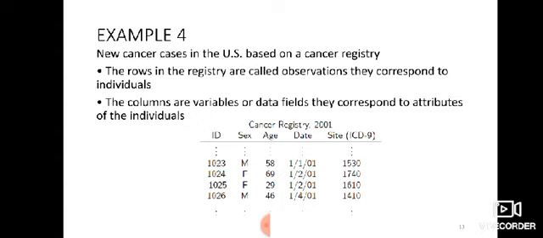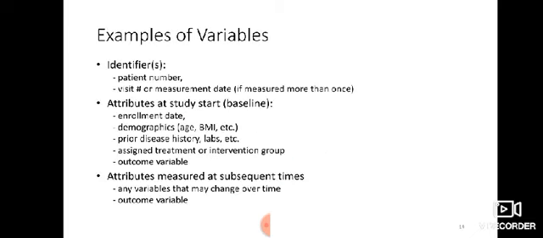Next, consider the cancer cases in the USA based on a cancer registry. The rows are called observations, with ID, sex, age, date and site. They correspond to individual values. So what is a variable? A variable is an identifier, for example a patient number or the measurement date. What are the attributes of a study chart? What is the baseline?